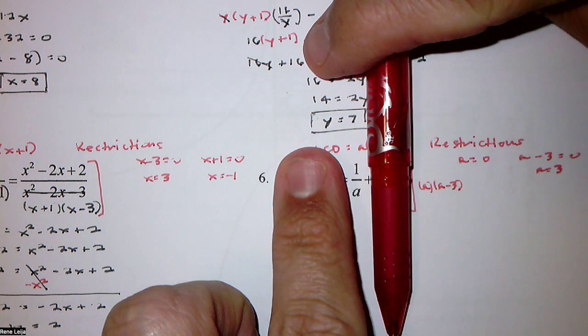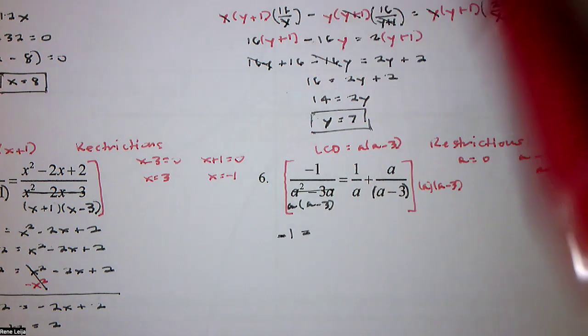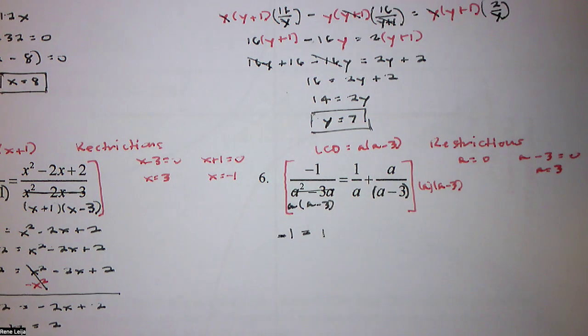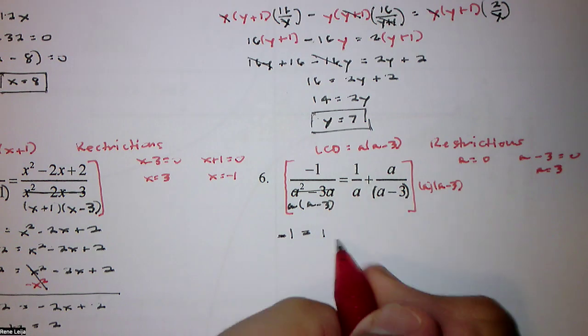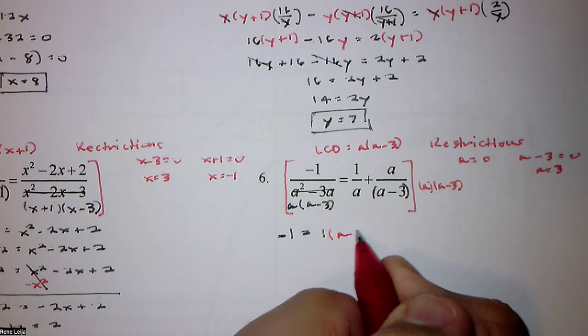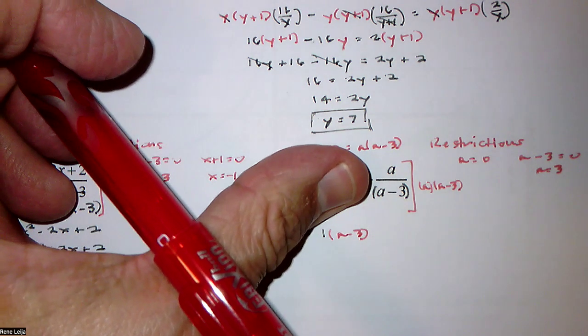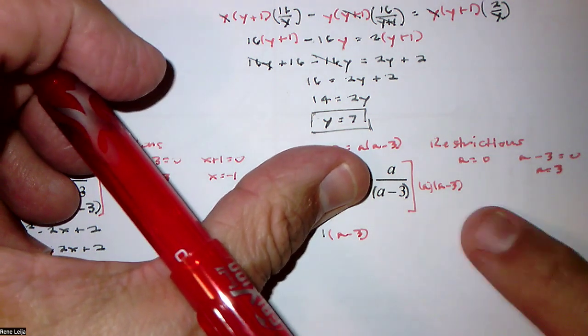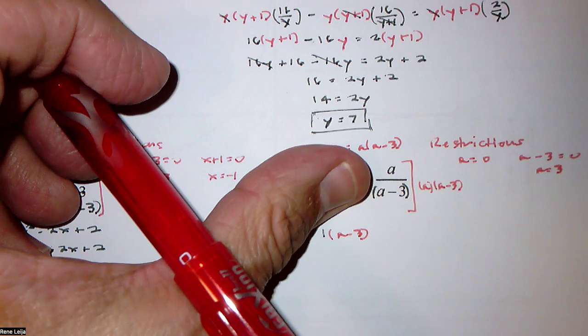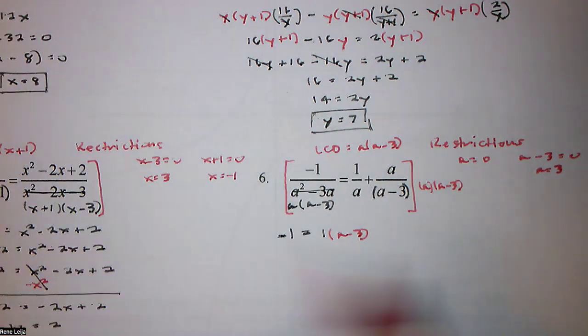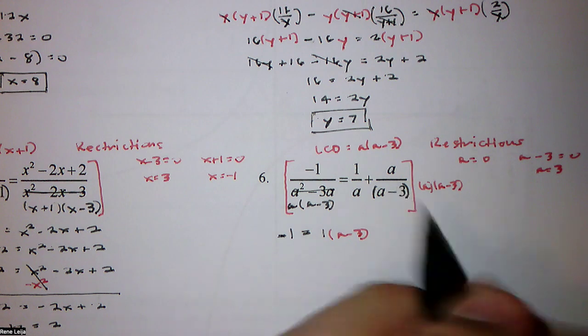Those are going to go away. So I have 1 times a minus 3. And then when we multiply by the last term, the a minus 3's are going to reduce. So we're left with a times a.